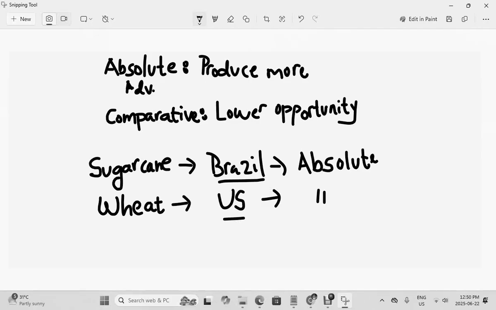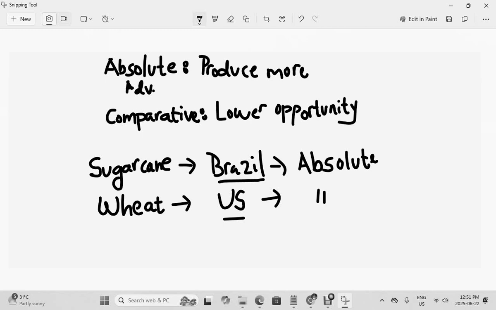You may find it in Florida, which is why Florida is one of the largest producers of sugarcane in the US. You may also find that tropical climate in California, near the Pacific Ocean, so California and Florida may be able to produce sugarcane in the US.